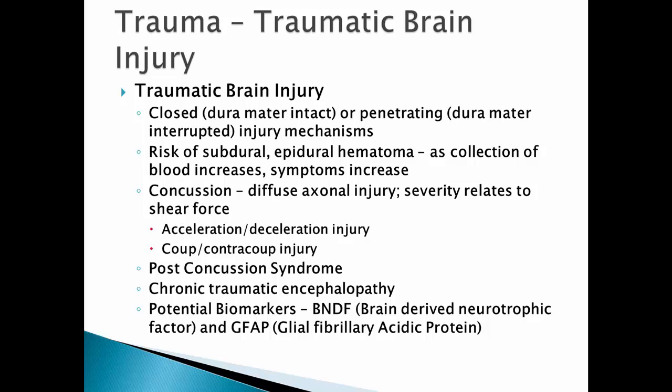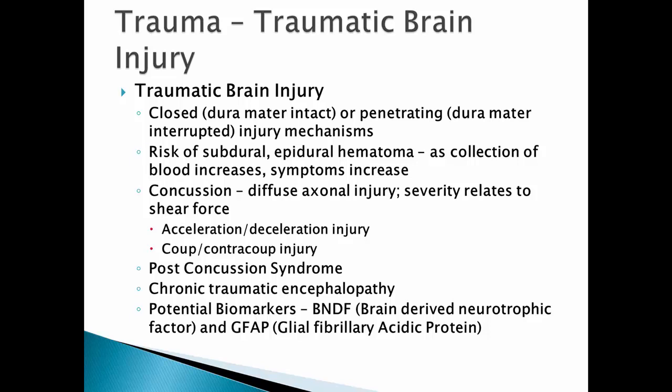You've had a head-on collision and the head snaps forward. In that snapping forward, the blow to the head was on the steering wheel, but the brain bounced back against the back of the skull, and so there's injury on the other side, the back of the skull.